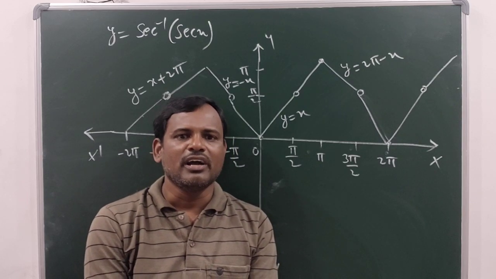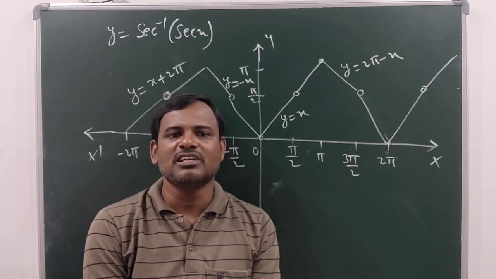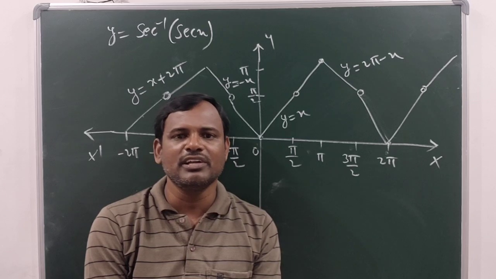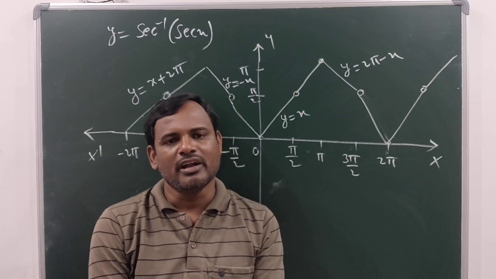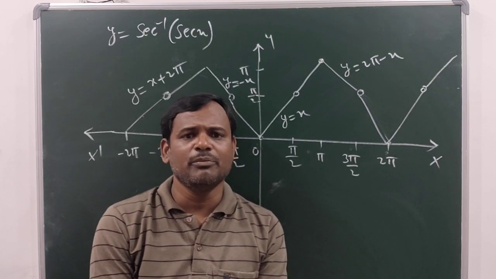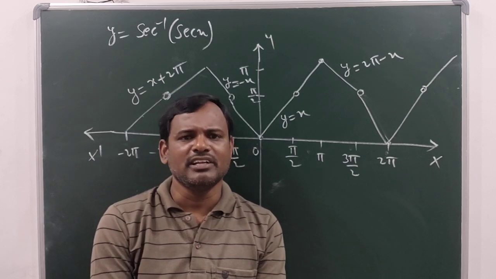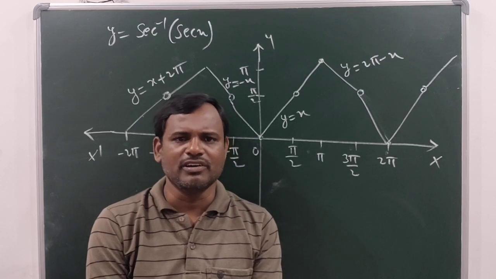I also explained basic applications based on these combinations of trigonometric functions and their inverse functions, which are very important from the IIT Mains and Advanced point of view. This inverse trigonometric functions chapter is very important in competitive exams, like any other engineering entrance exams and also IIT Mains and Advanced.